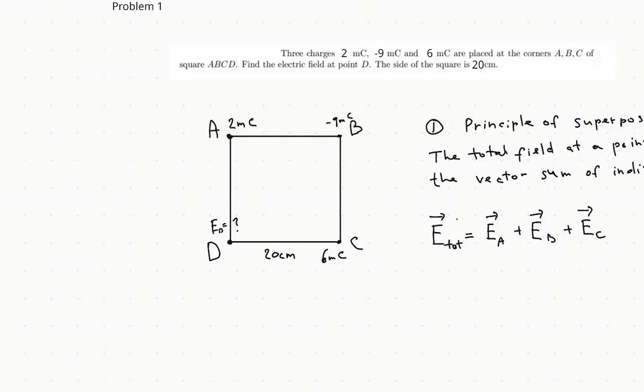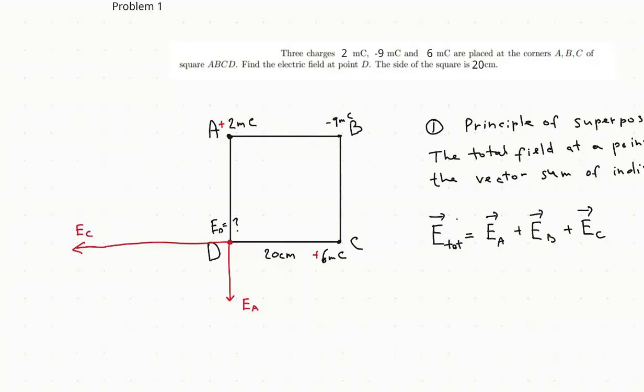So we can draw. So this is a positive charge. That means it will produce a field in a downwards direction, and that would be EA. Now EC is also positive, so it's to the left, and it's triple that of EA. So that's EC.